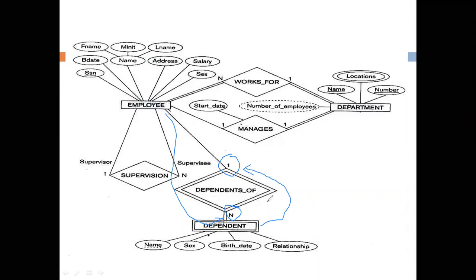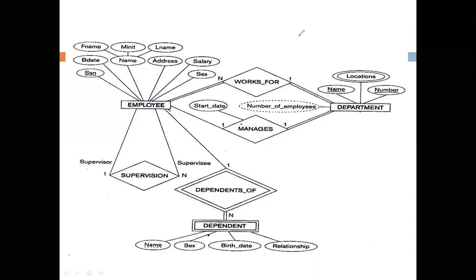This double rhombus indicates it is an identifying relationship. A weak entity's relation is always mentioned as an identifying relationship. So wherever these kinds of weak entities are there, we will mention its corresponding relationship inside a double rhombus.